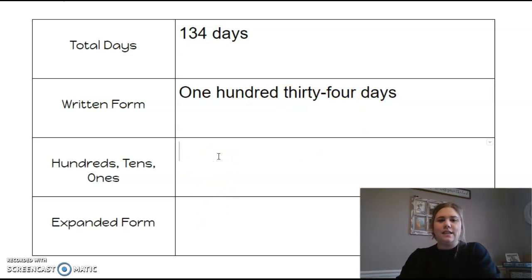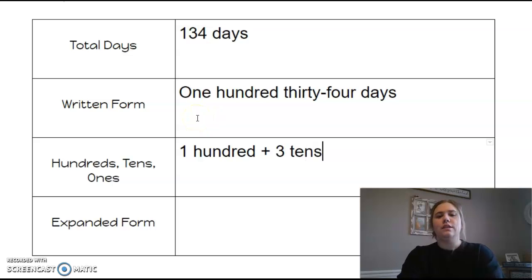How many hundreds, tens, and ones are there? There are 100. So you can see the hundreds is right here. There's 100. How many tens? Right in the tens place, there are 3 tens. And how many ones in the ones place? There are 4 ones.